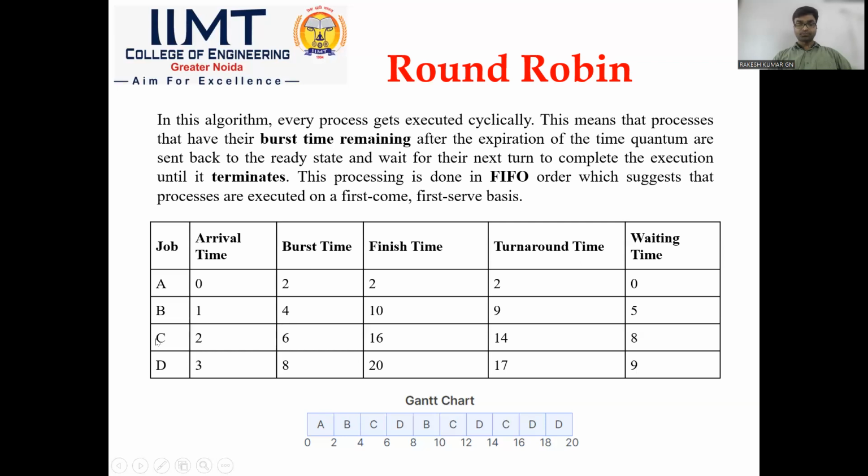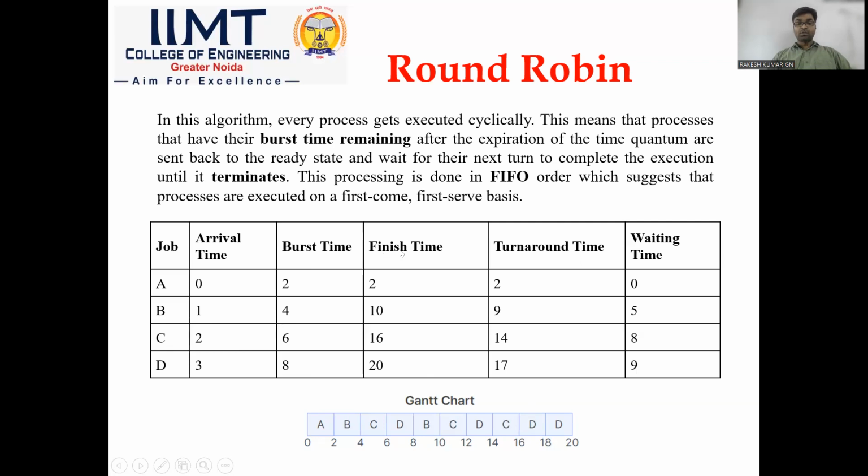After this, process C will come and execute for only 2 units of time, and process D will arrive in the ready queue and take the resources for 2 units of time, and it continues.